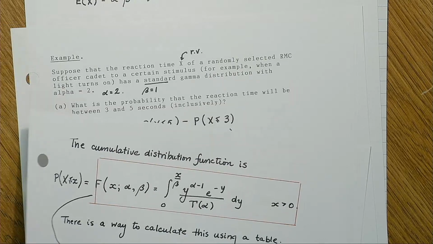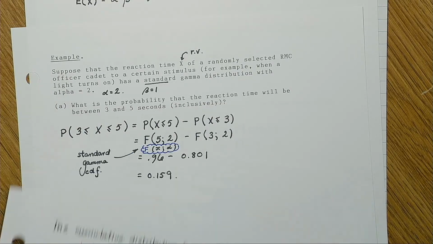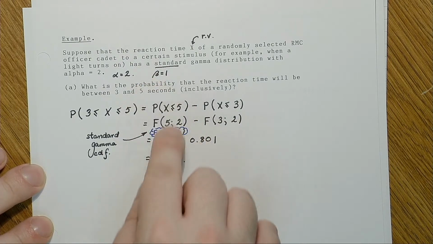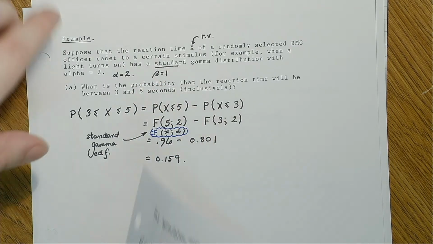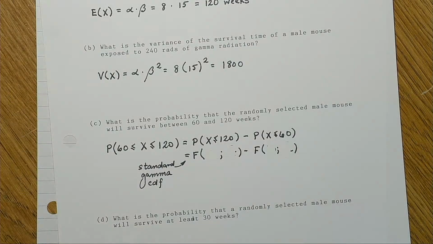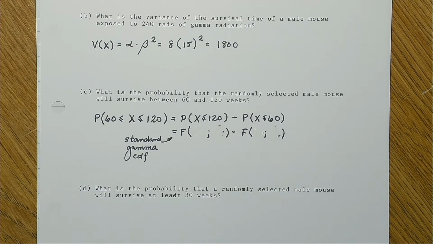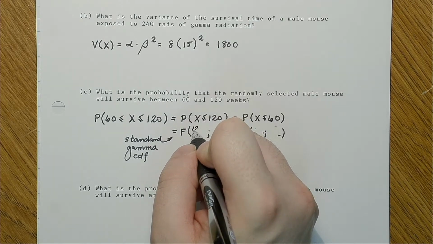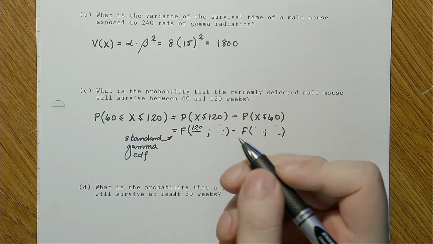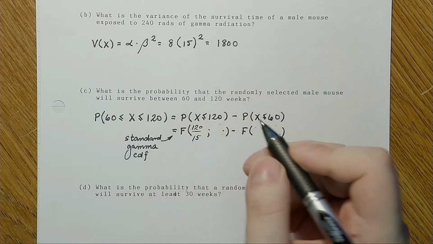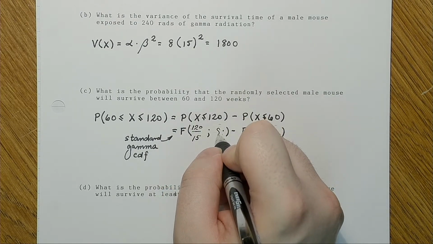The previous example that we had done is fine because beta was equal to 1, so I didn't have to rescale the x. But in this one, I do. So what I need to do is 120 divided by beta, and the beta in this case is 15, and the alpha still is 8.